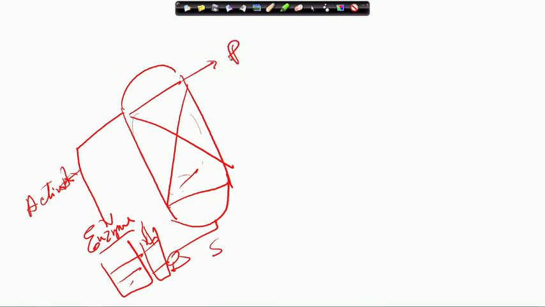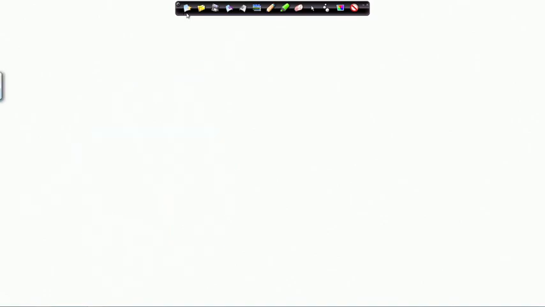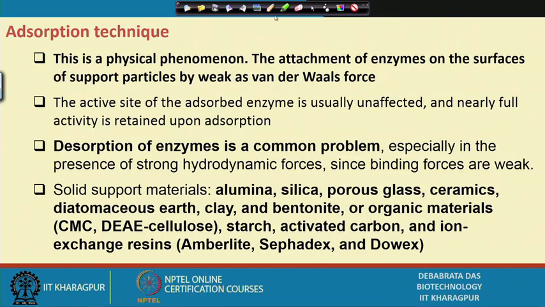Very simple, very easy to operate this system. Here this is a physical phenomenon: suppose this is the solid matrix, the enzymes just adhere on the surface, and the interaction between the solid surface and the enzyme is due to weak van der Waals type of force.